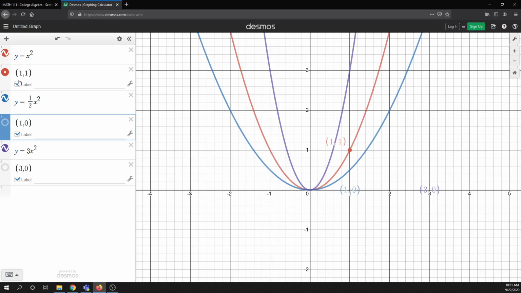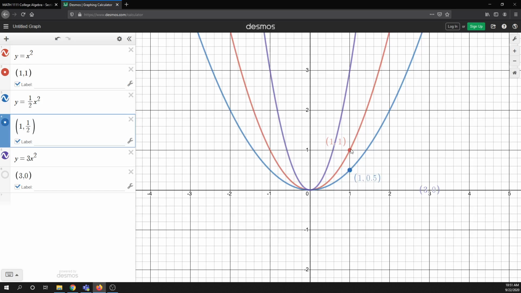So we leave this 1 alone, it stays the same, and then 1 times 1/2 would be 1/2. You can see that's where that point is located. The point was up here at 1, 1. When we did the transformation, it cut the y values in half. So now the y value of this point is down here at 1/2.